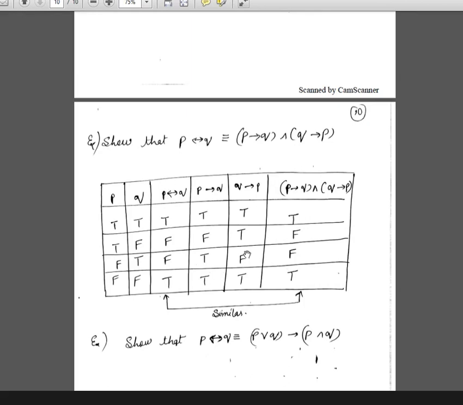If both are the same, then this condition holds. So the third column is true false false true, and the last is true false false true. Both are the same, so the symbol here represents both are equal or similar.